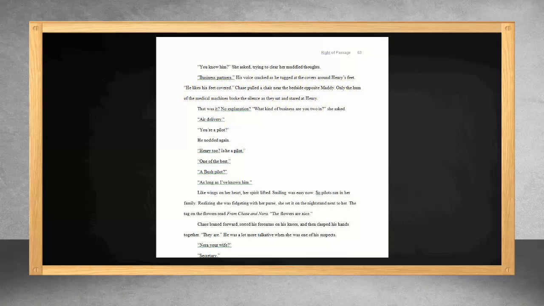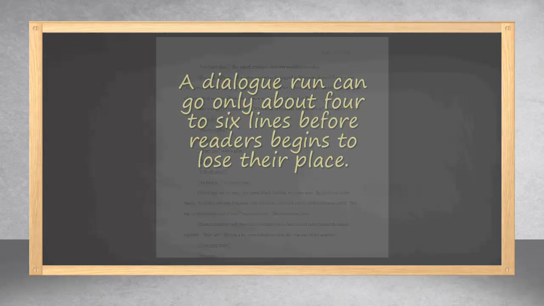And I should also mention dialogue runs. A dialogue run is just several lines of dialogue without description or narrative. And we like those sometimes. They kind of speed up the action and kind of give us a break, kind of a sigh of relief, and they're interesting.